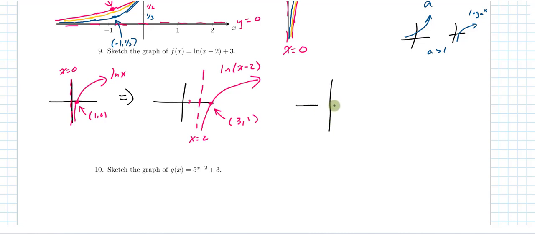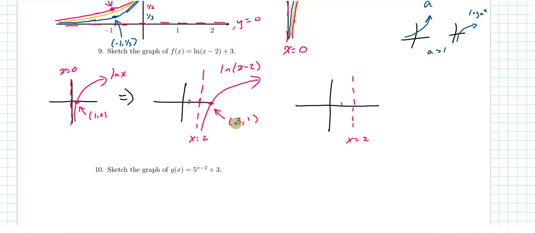The last thing we need to do is take into account this plus 3 outside the argument of the function, but that simply shifts all of the y values up 3 units. So that's not going to affect the vertical asymptote, which was at x equals 2, and it will remain at x equals 2. But I'm going to add 3 to all of the y coordinates on my graph.